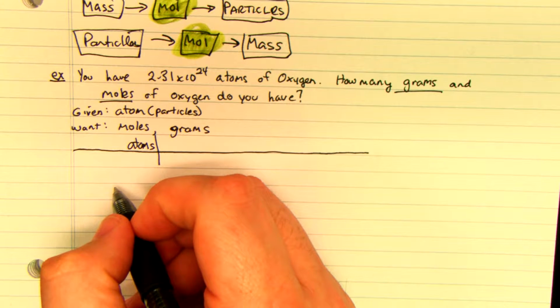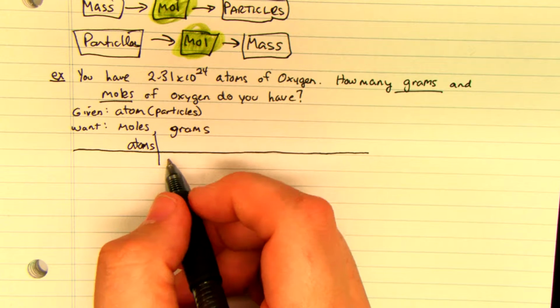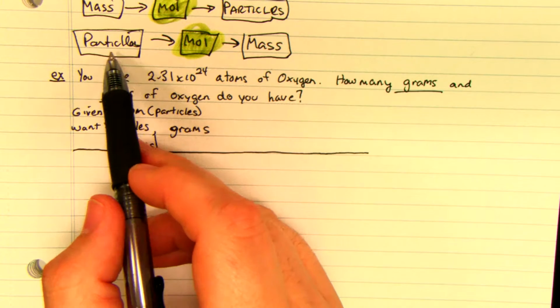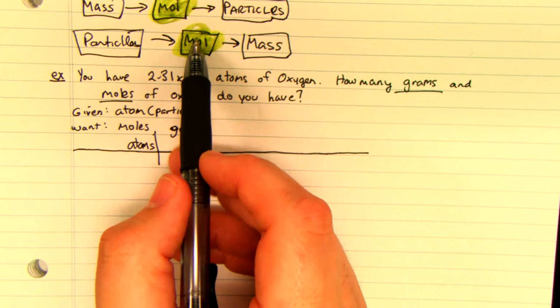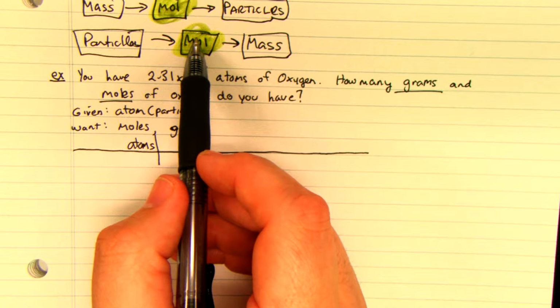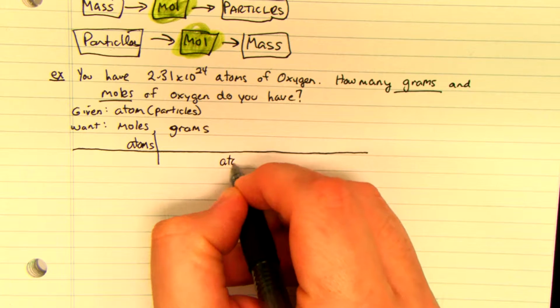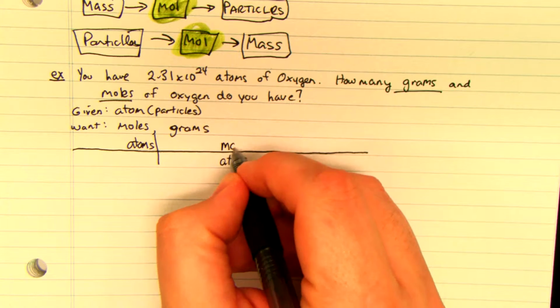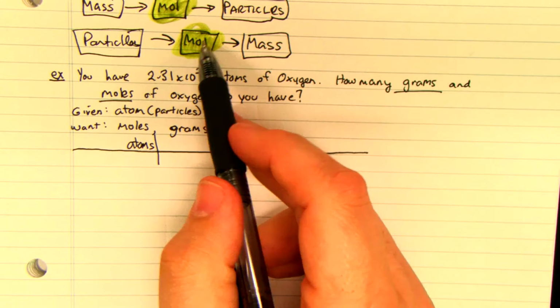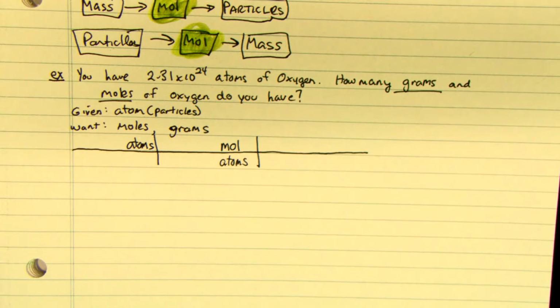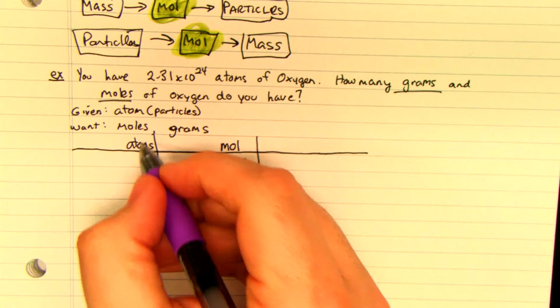Now, what's the conversion factor? Because we have atoms, which is particles, we have to go to moles first. So how do we go to moles? Well, I want to get rid of atoms, and I want to get to moles. And so, at this point, the atoms will end up dividing themselves out, and I'm left with moles.